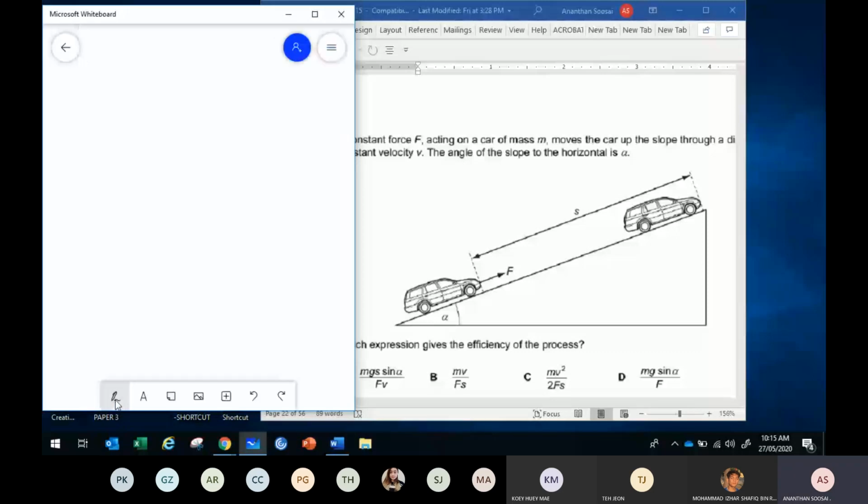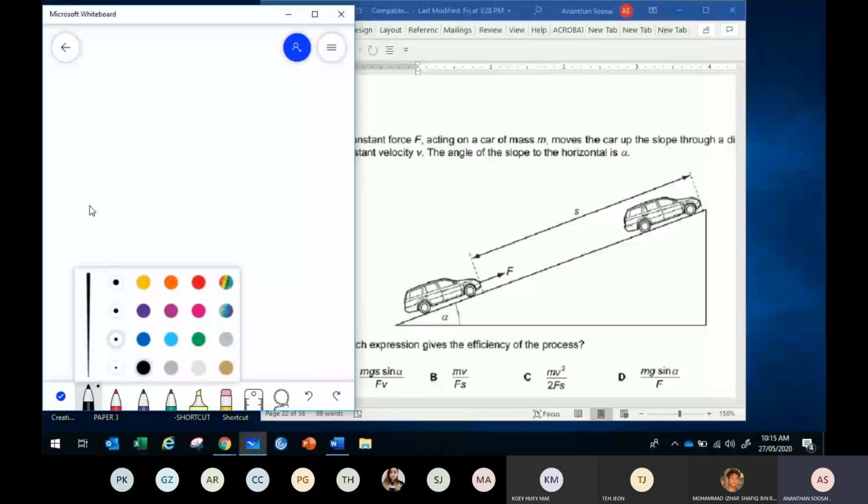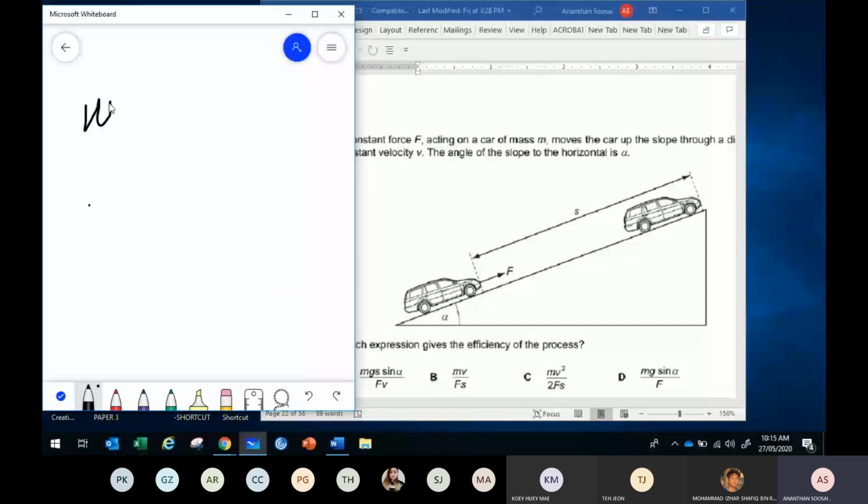Okay, you see, work done by the thrust is equal to the gain in EP, plus the gain in EK, plus heat. Because this is given in terms of V, we put it in terms of power.